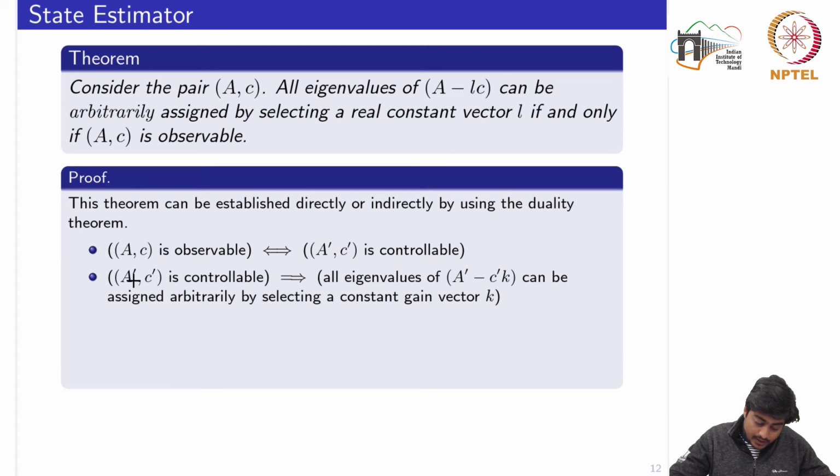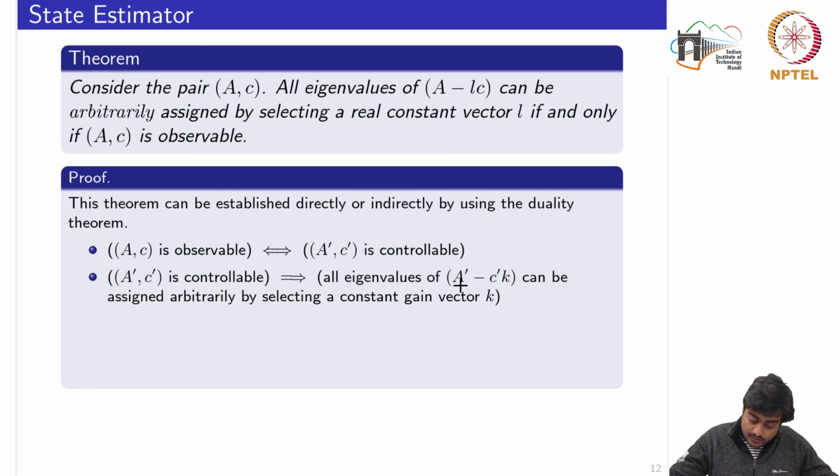The controllability of the pair A transpose comma C transpose implies that all eigenvalues of A transpose minus C transpose K can be assigned arbitrarily by selecting a constant gain vector K, and this is nothing but a state feedback controller design.